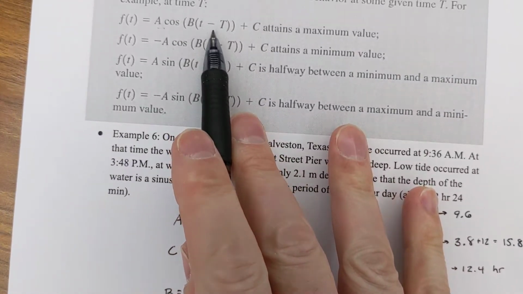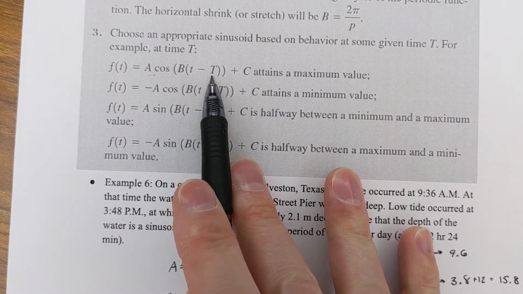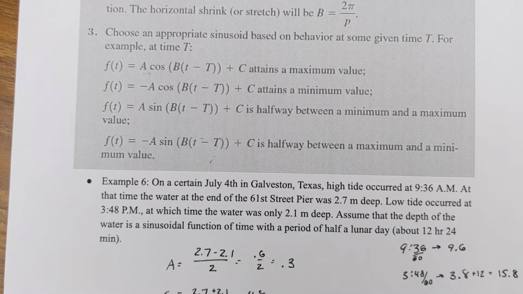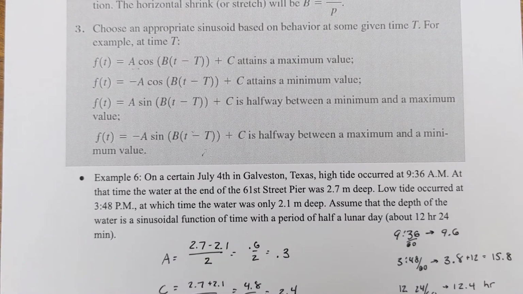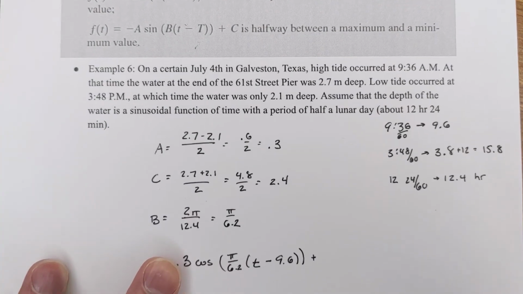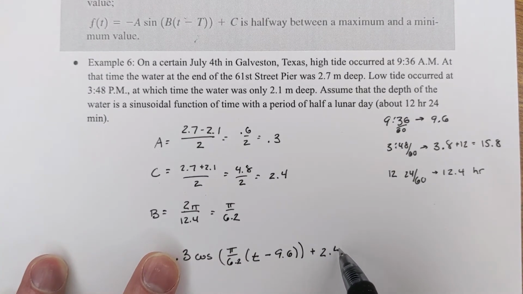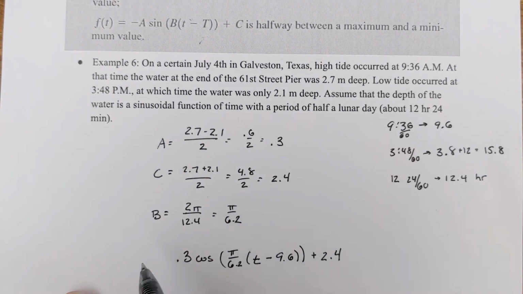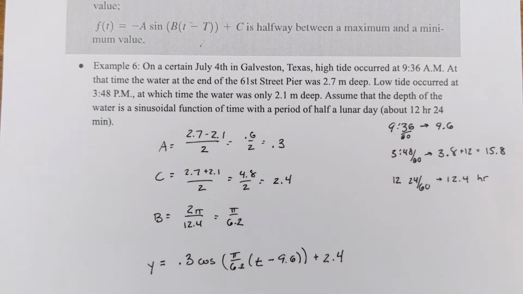Now, this T here is when my maximum occurs. So it's 9.6. So T minus 9.6, and then plus C, which I found was 2.4. So this equation will give me the height of the water at any time.